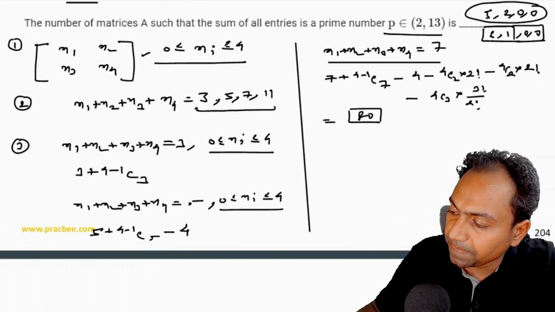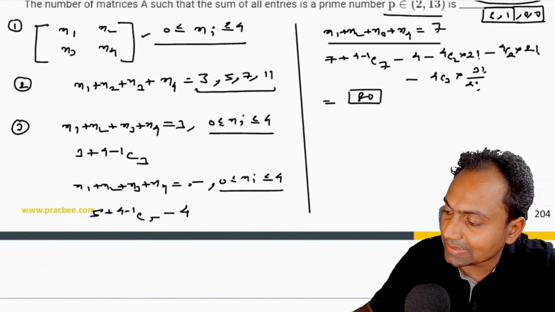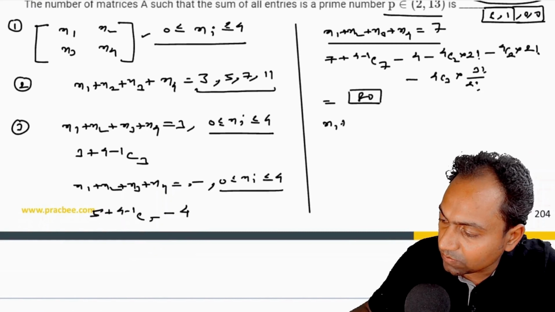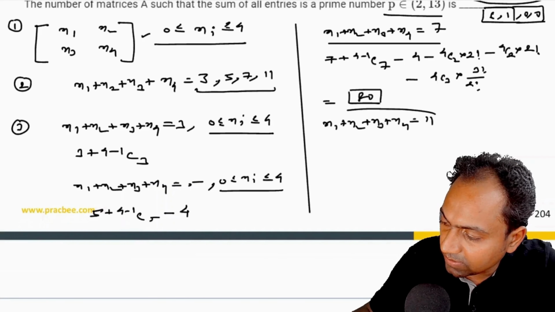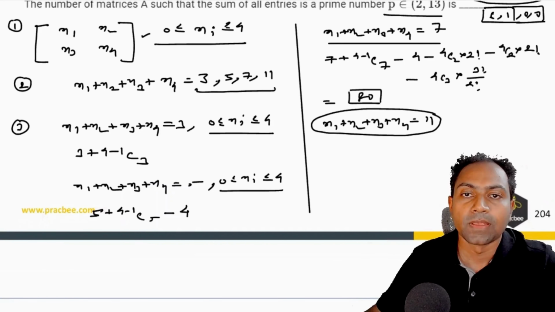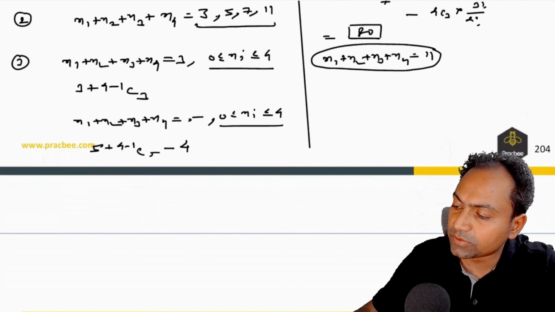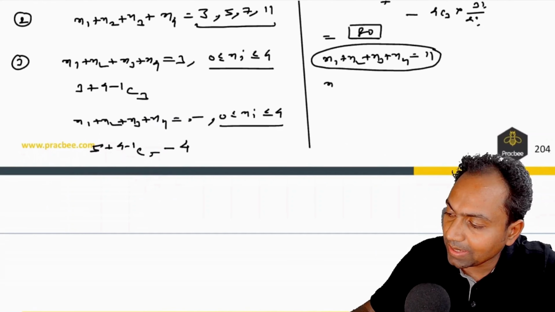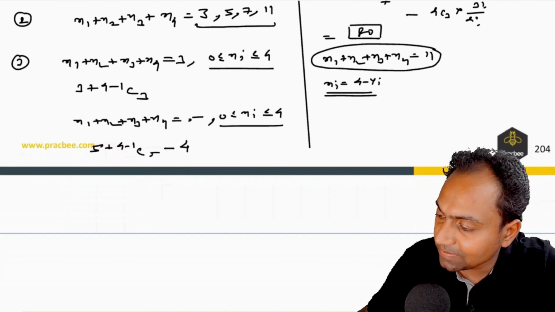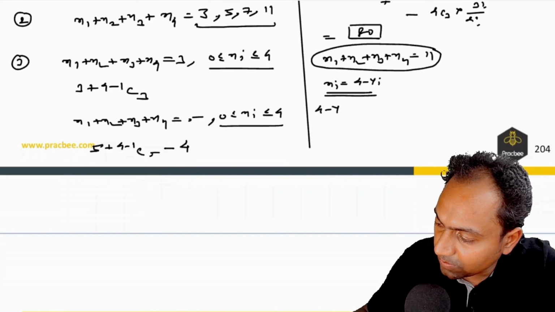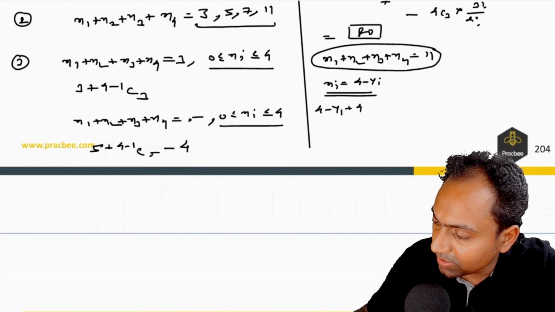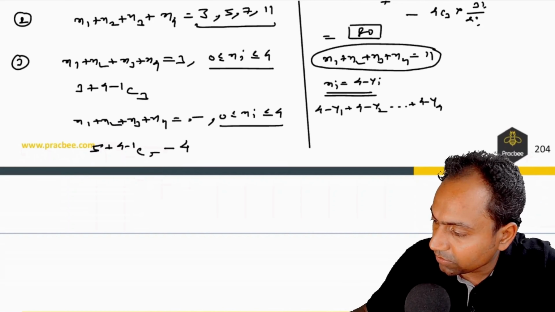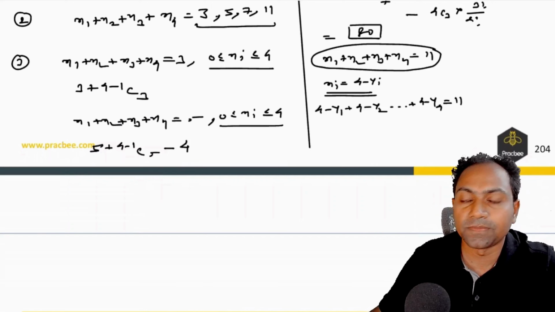Now my last case would be when x1 plus x2 plus x3 plus x4 becomes 11. In this case, if I do a little bit of substitution and put my xi as 4 minus yi, as I did earlier, x1 can be written as 4 minus y1, x2 becomes 4 minus y2, and so on till 4 minus y4, equal to 11.